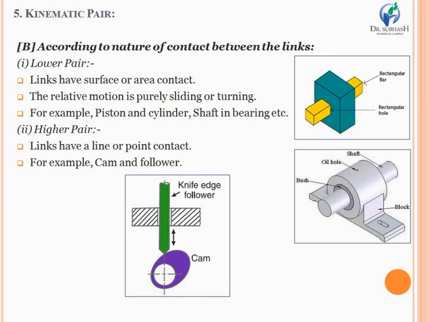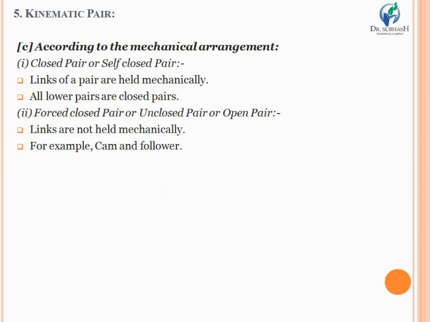Whenever the cam is rotating and the follower follows the contour of the cam, there will be a point contact between the outer peripheral surface of the cam and the end point of that follower. So the prime condition to form a higher pair is to have point contact between two mating surfaces. This is about the higher pair.